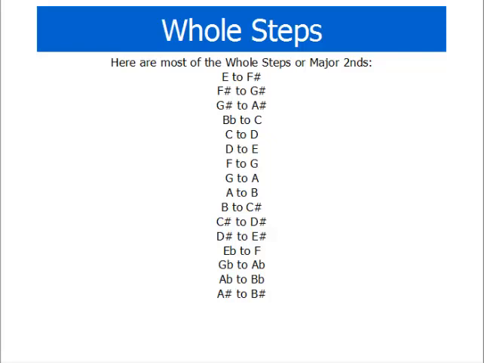Notice towards the middle here, C to D, D to E, F to G. I didn't say E to F because E to F is a minor second. Okay, G to A is a whole step or a major second. A to B is a whole step or major second. And B to C sharp is a whole step, not B to C. So we have to understand what the sharp does to the note, raising it, or flat, lowering it.